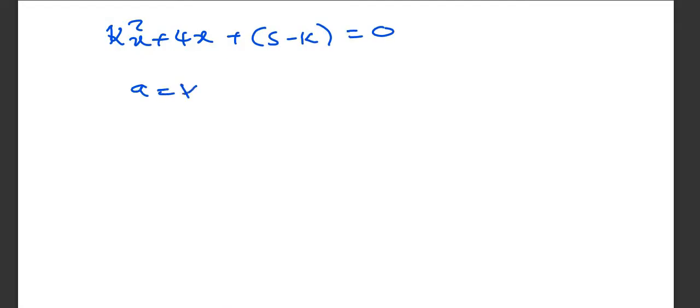The expression given is kx squared plus 4x plus (5 minus k) equals 0. So our a is k, our b is 4, our c is 5 minus k.